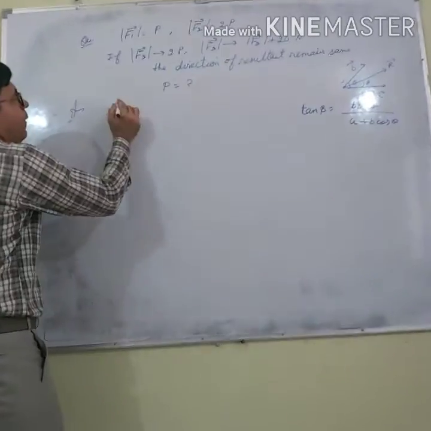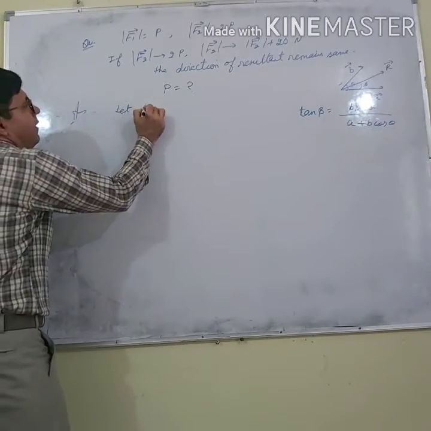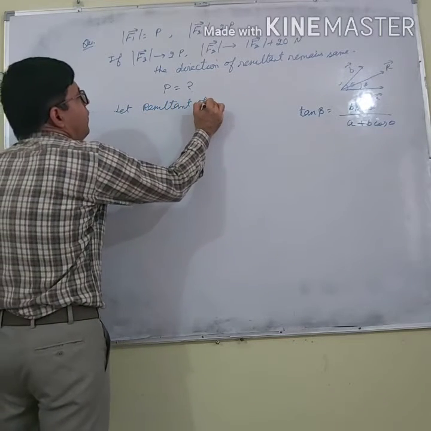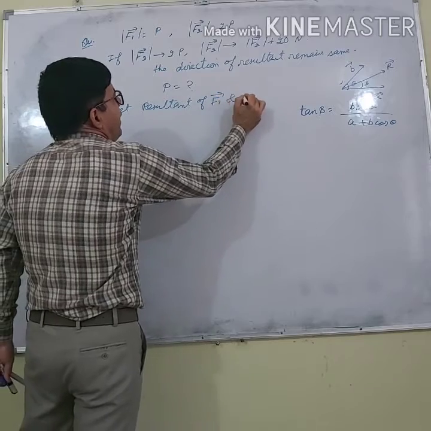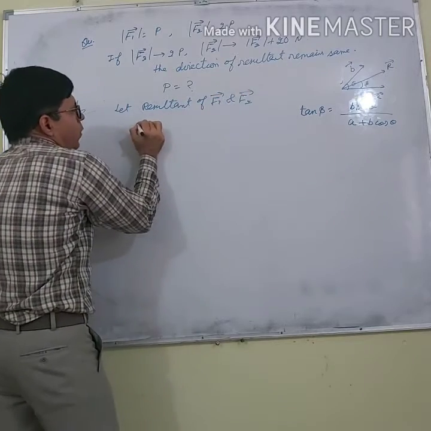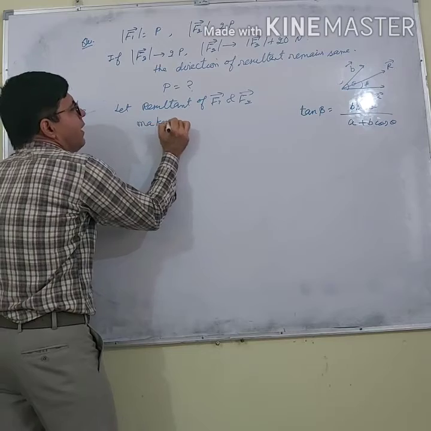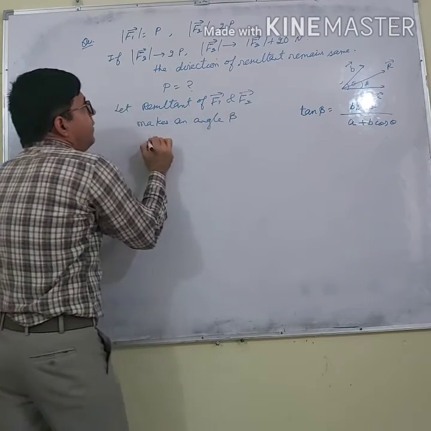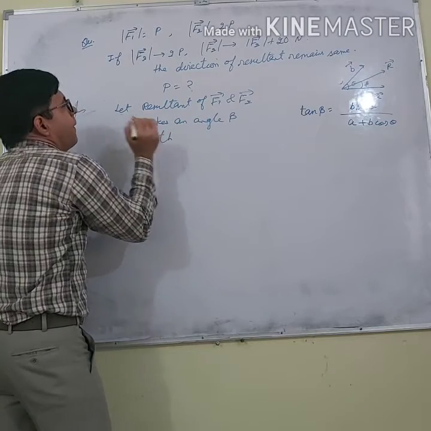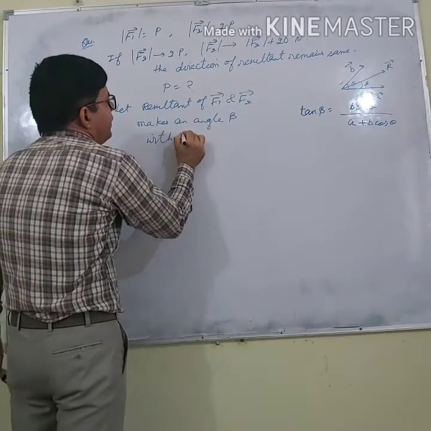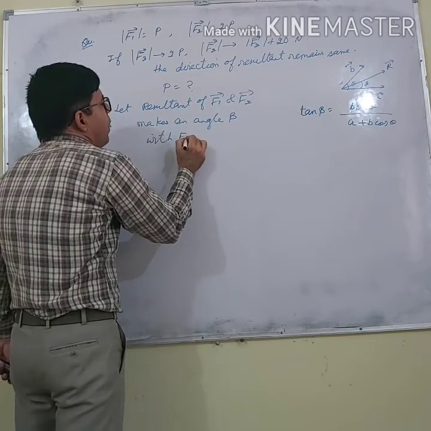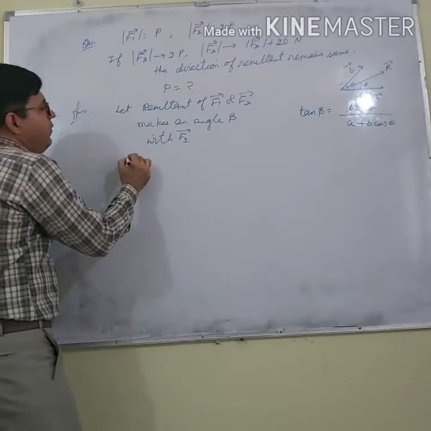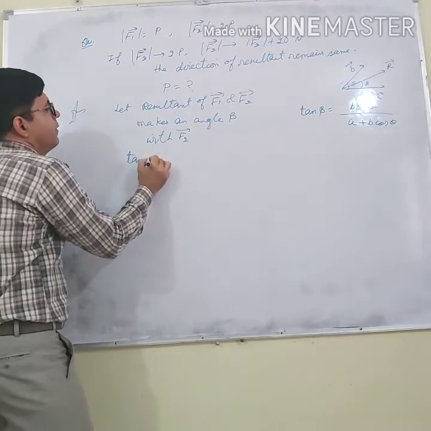So if I say let the resultant of F1 and F2 make an angle beta with F2, then what will be tangent beta?